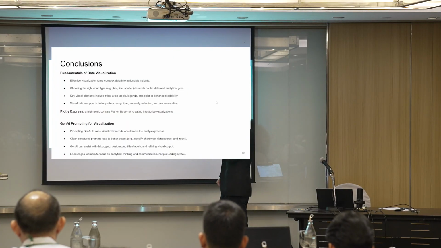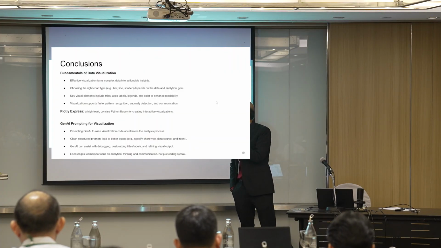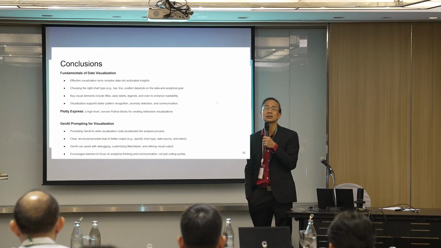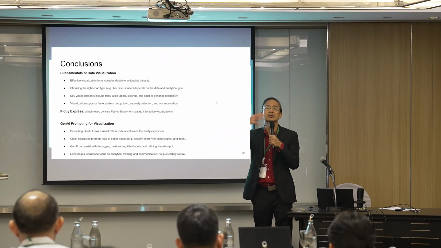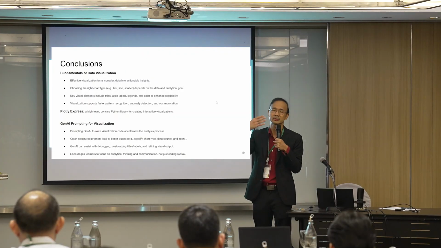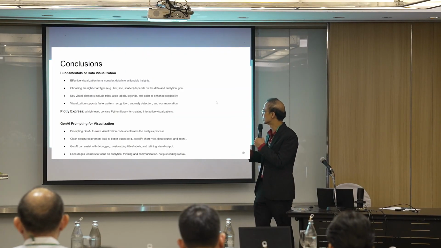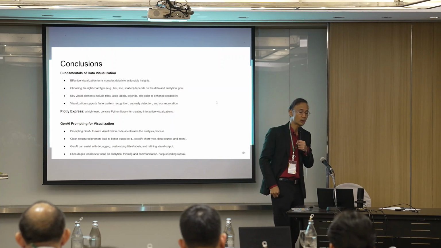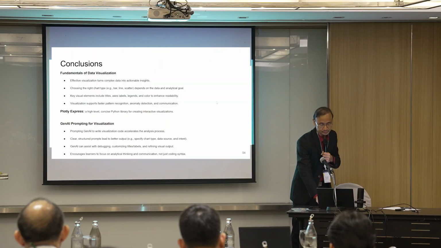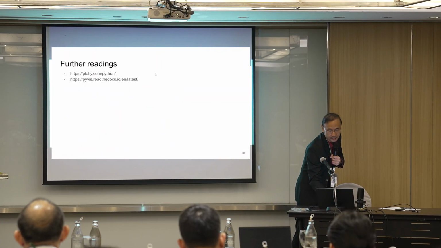Then we talked a little bit about the Gen AI prompt for visualization. With a good prompt, we can get a plot script that we need to run on VS Code. That's also one way you can use Gen AI for plotting. So that's the end of module 3.